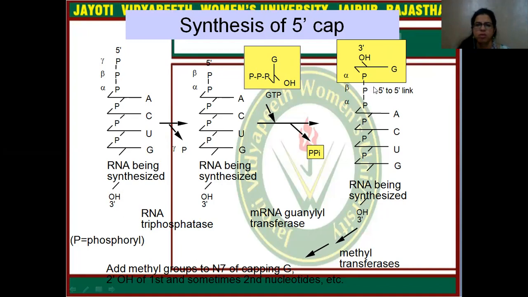Now the 5' cap binds to the RNA through a 5 to 5 link while the RNA is being synthesized, and the methyl transferase enzyme adds a methyl group to N7 of the cap and to the second OH of the first and sometimes second nucleotide, etc.